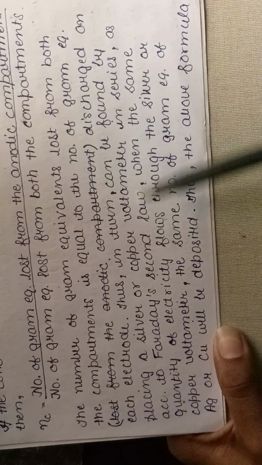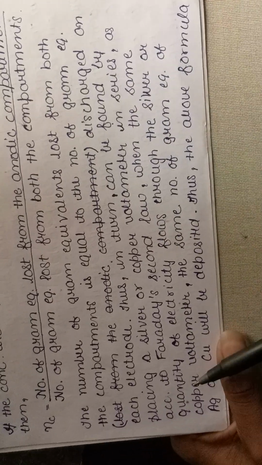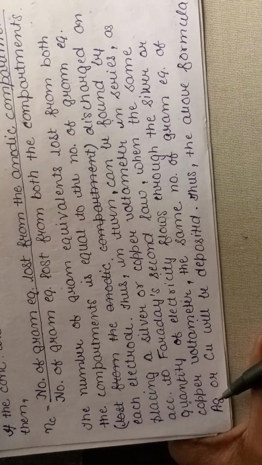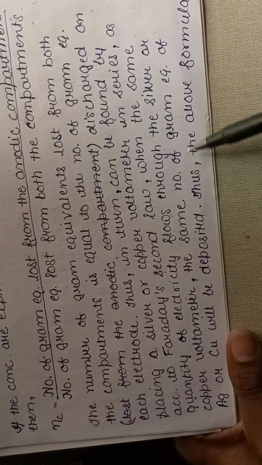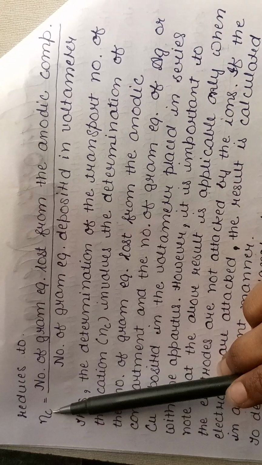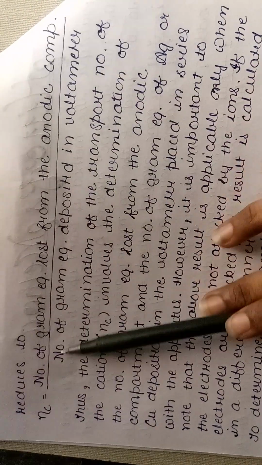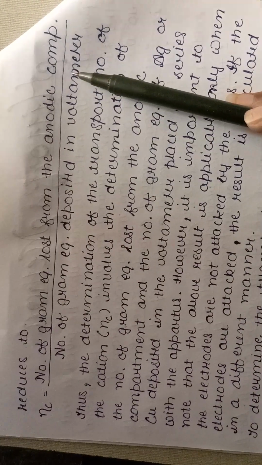When the same quantity of electricity flows through the silver or copper voltmeter, the same number of gram equivalents of silver or copper will be deposited. Thus, the above formula reduces to Nc is equal to number of gram equivalents lost from the anodic compartment divided by number of gram equivalents deposited in voltmeter.